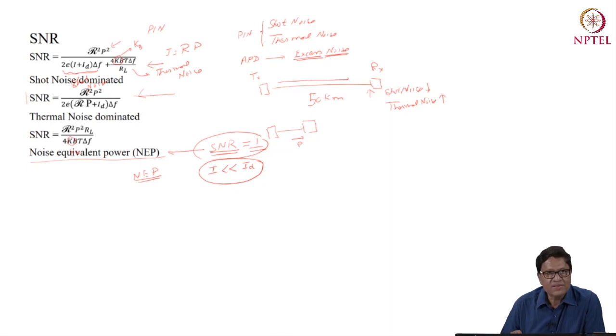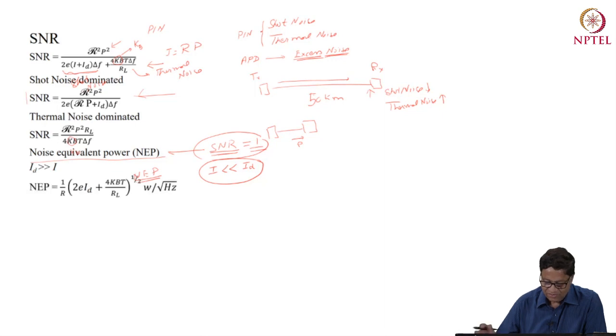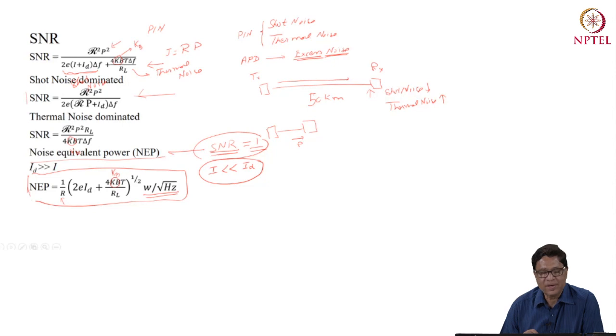If you do these two things, you get an expression for noise equivalent power, which is given by this. NEP is 1 by R, where R is the responsivity, it should be curly R, times the square root of 2 e I_D plus 4 k_B T divided by R_L. So the units of NEP are watts per square root hertz.